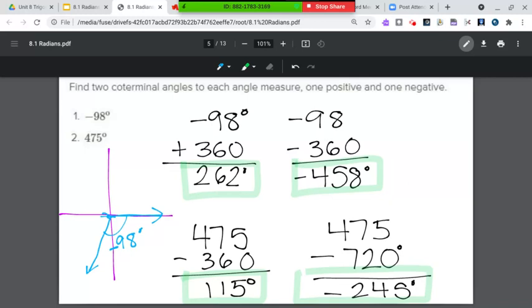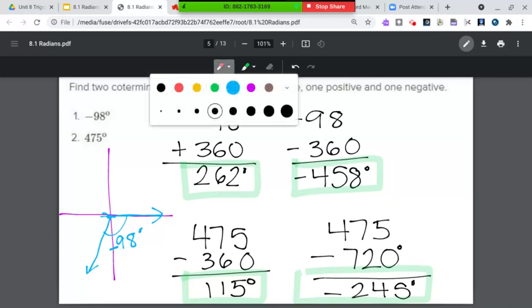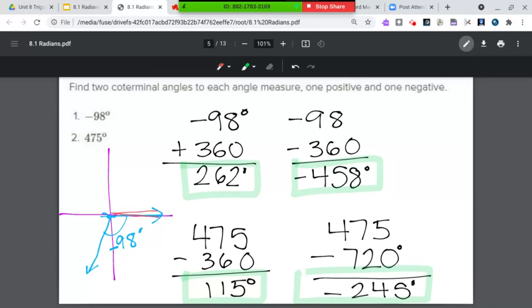Now I'm going to do a positive 262 degrees. Let me go with orange. I'm going to start here. I move 90, 180, and then I need 82 more degrees, which would land me here.